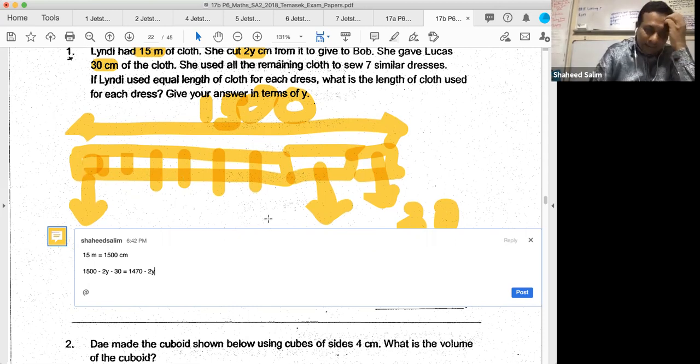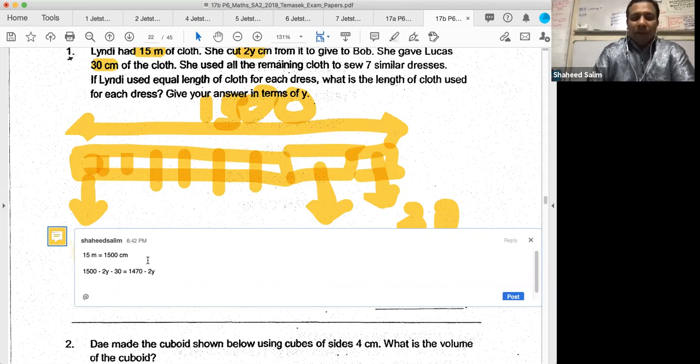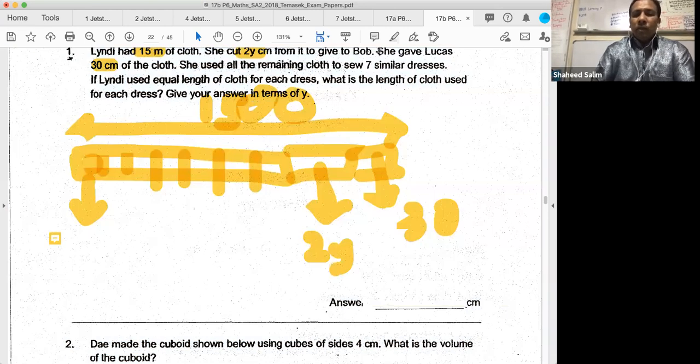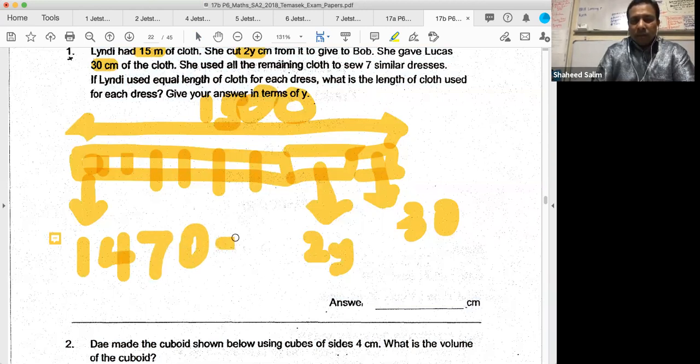And then this thing is divided by what? Divided by 7, because he is making 7 dresses. So how do you write it? I cannot write it down here, so I write it over here so that everyone is very clear. You have 1470 minus 2y.